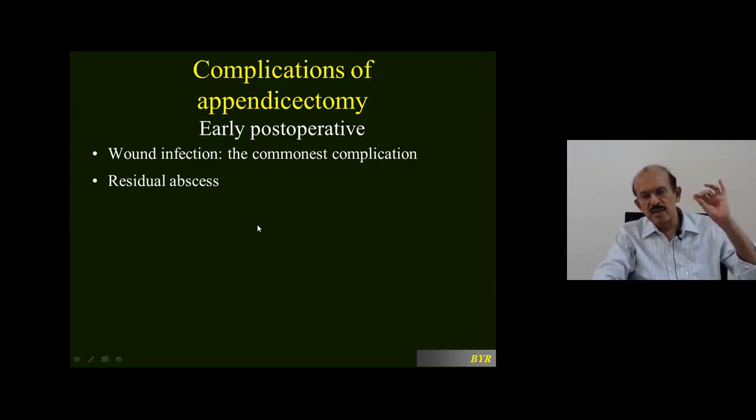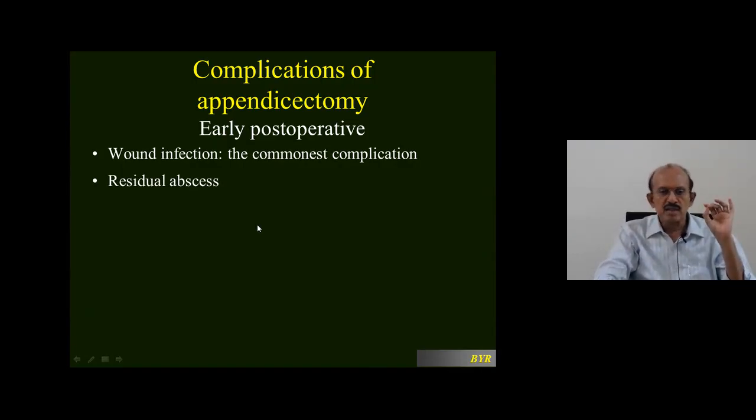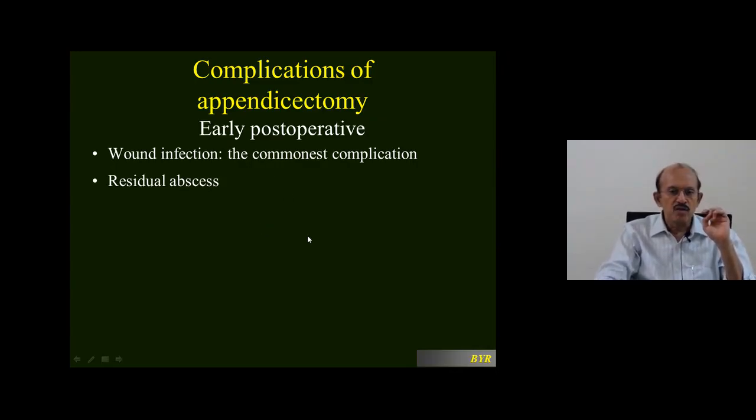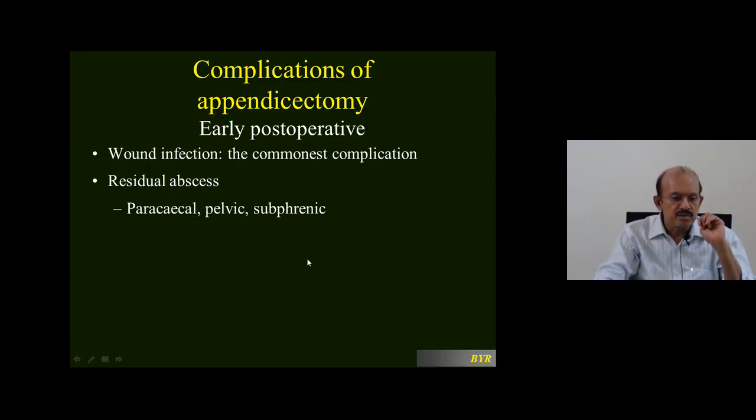So when you remove the appendix through the wound, there is a chance of getting wound infection. The residual abscess. The abscess may form after appendectomy operation at the parasacral position, pelvic position, or subphrenic position.